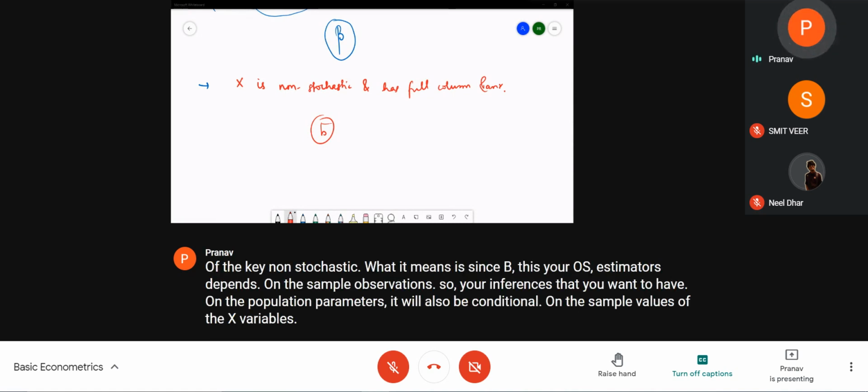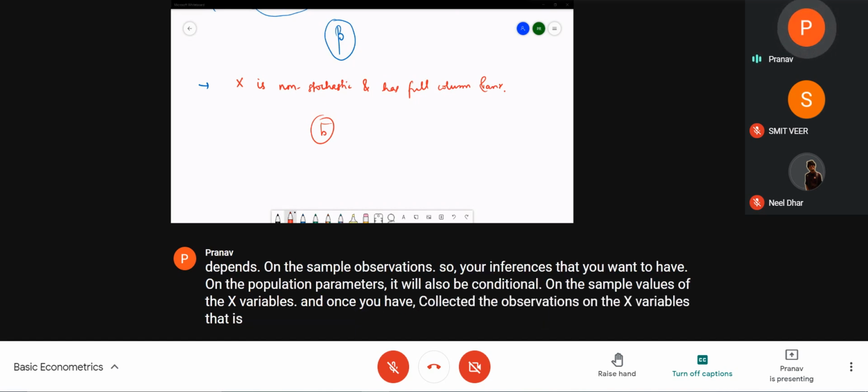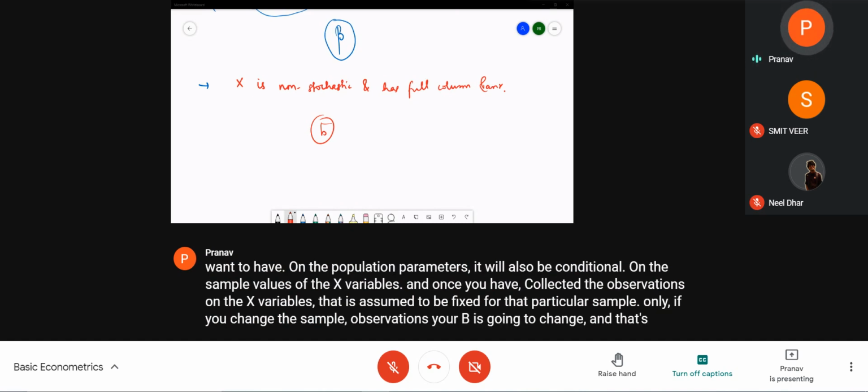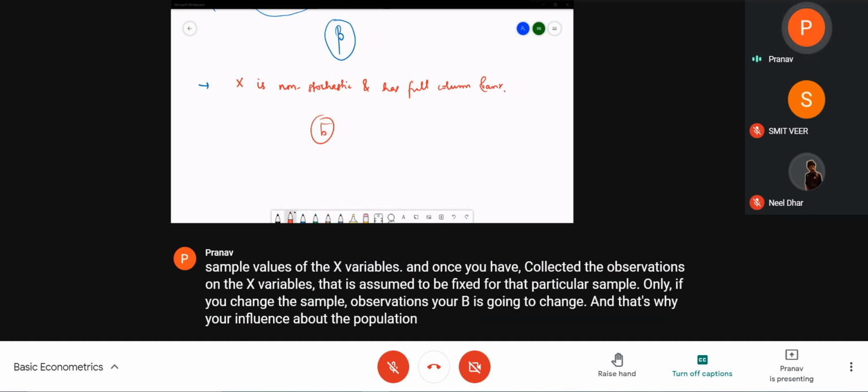And once you have collected the observations on the X variables, that is assumed to be fixed for that particular sample. Only if you change the sample observations, your B is going to change, and that's why your inference about the population parameter will also change.